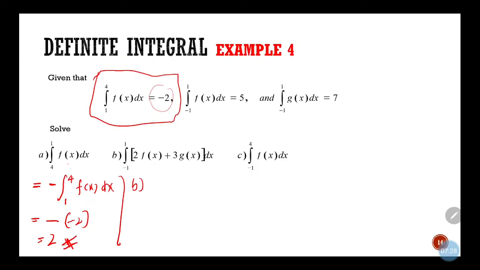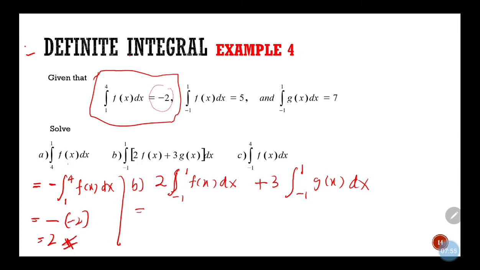Alright, so kalau ni, I will break out into 2 terms here, and 2 I may just bring it out from the integration. Okay, so 2 times integration from -1 to 1 fx dx plus with 3 times integration from -1 to 1 gx dx. Okay, this is based on the properties that we have discussed just now.